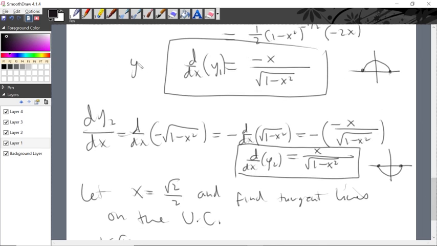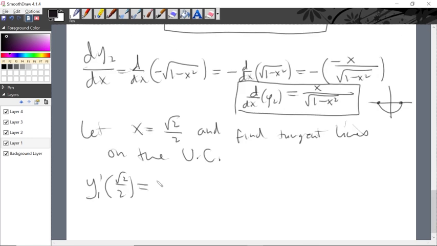Plugging into that, we get negative root 2 over 2 over the square root of 1 minus root 2 over 2 squared. Root 2 over 2 squared is 1/2, so this is 1 minus 1/2, which is equal to 1/2, so we have the square root of 1/2. Negative root 2 over 2 over the square root of 1/2, but the square root of 1/2 is root 2 over 2. So this simplifies to equal negative 1.